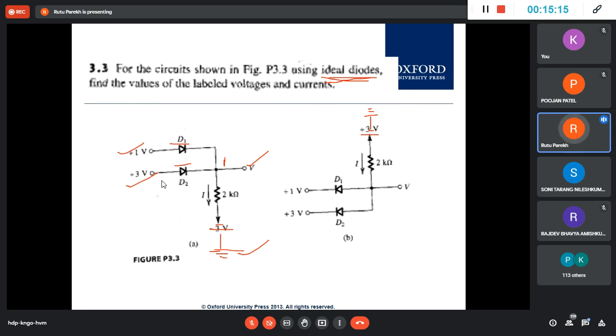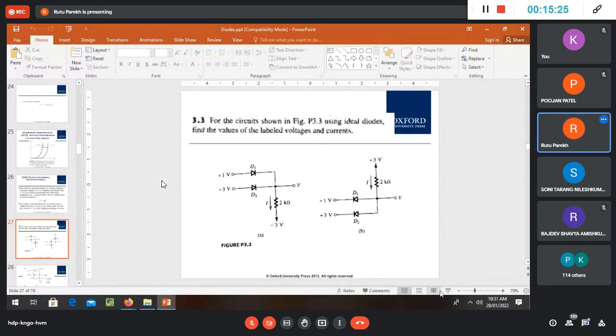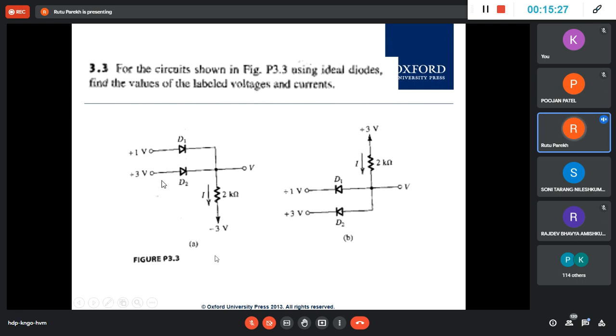So, see, Dharam is right that both of them will be forward bias because this is positive, and here it is -3. Let me remove this, okay? Okay, and then this is -3, so both will be forward biased. Now, both will be forward biased. So, 1 volt, he said, okay, then why not +3 volt?